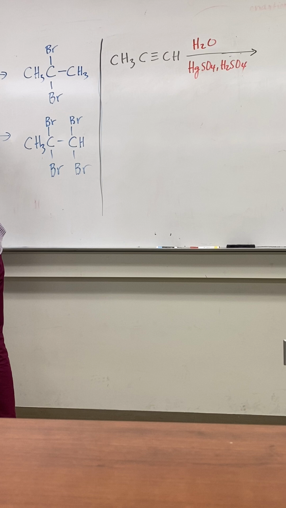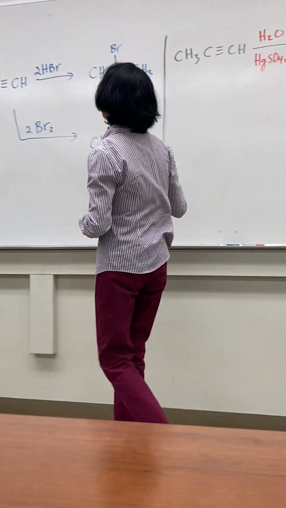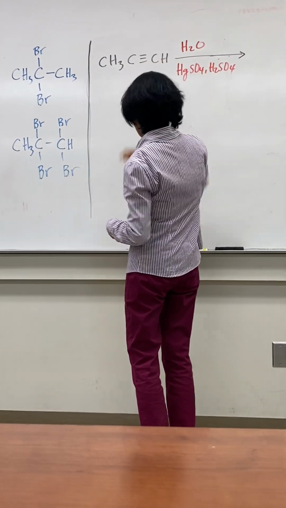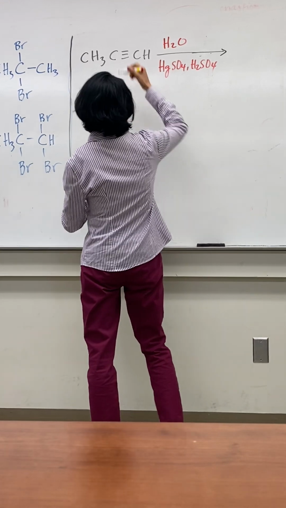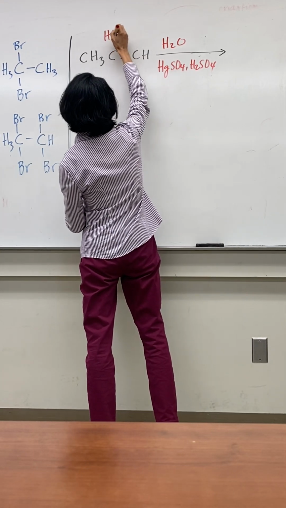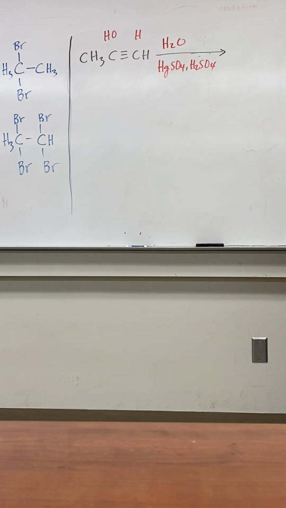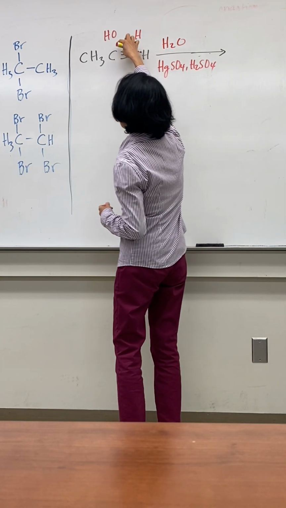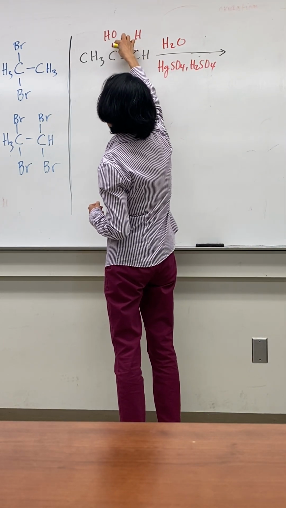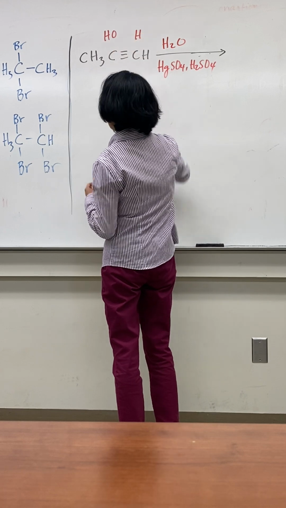You add the group inside, okay? And then you kind of split the water, HOH. So think about it this way, you're adding the same thing as your double bond, and then you're going to make a bond between this carbon, O, and then H.